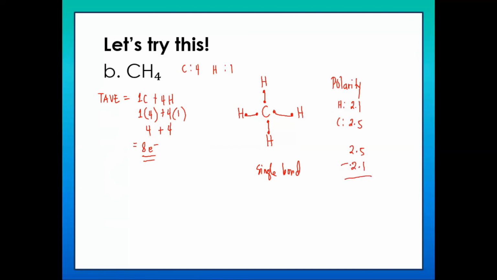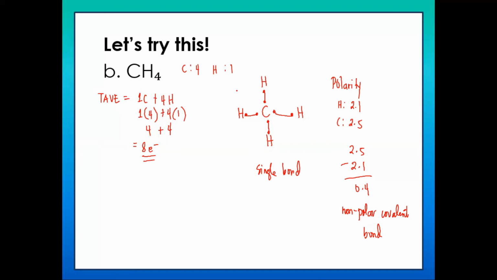So we have 0.4. Using the rule, polar covalent bond is 0.5 up to 1.9, so lesser than 0.5 is non-polar covalent bond. So 0.4 is non-polar covalent bond. So again, this is the LEDs of your CH sub 4.